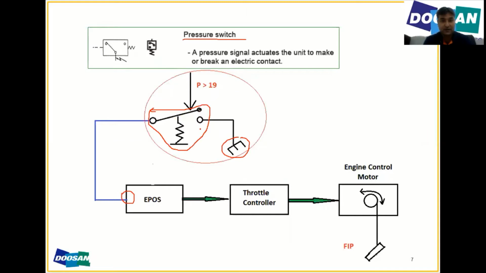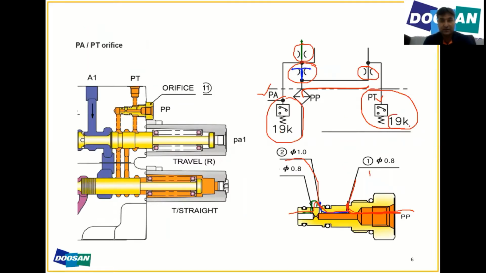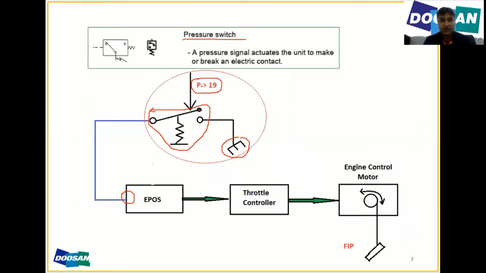How does it do that? By the pressure. Here you see 19 bar, here also 19 bar. It means that if the pressure is more than 19 bar, this switch will be closed.